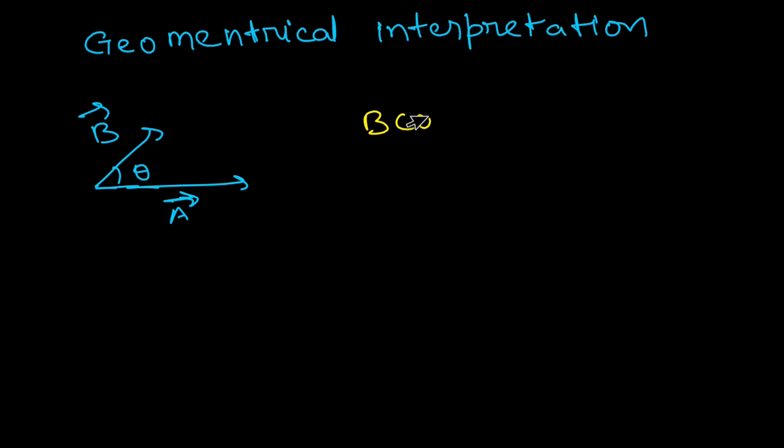Then what is b cos theta? b cos theta is the projection of vector b in the direction of vector a, that is this quantity. So this quantity is b cos theta.